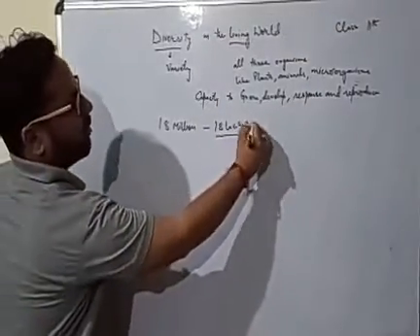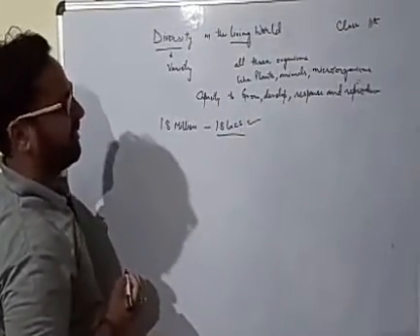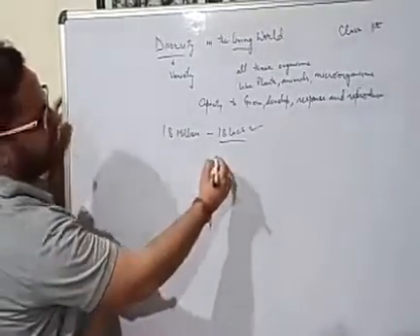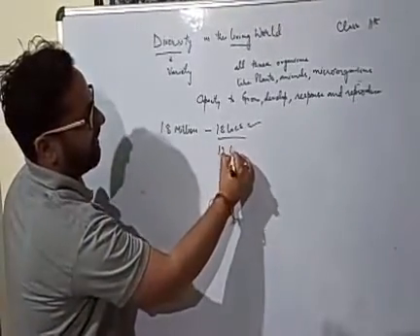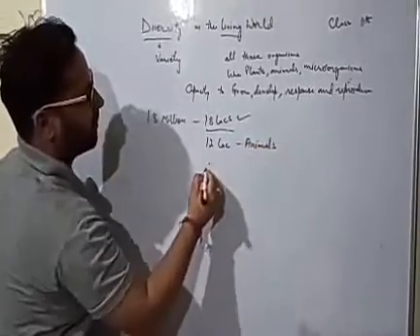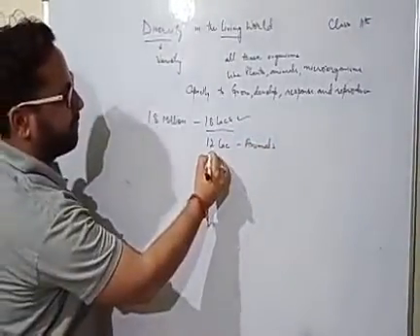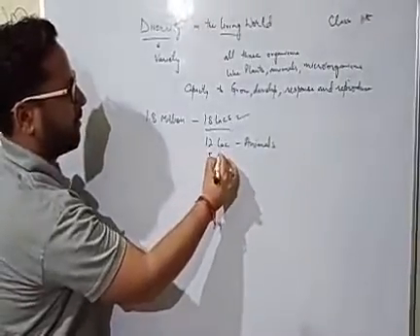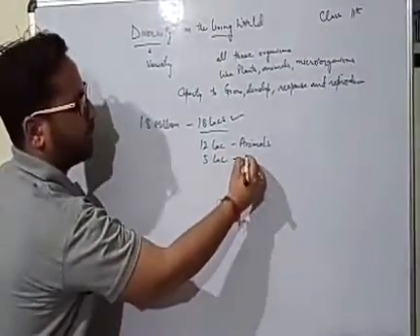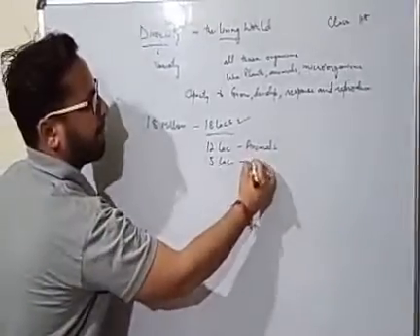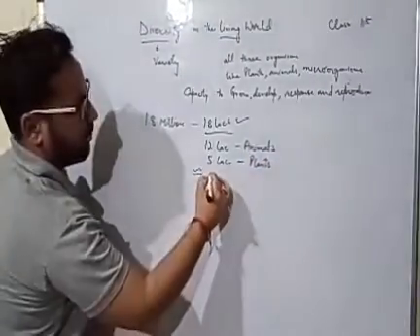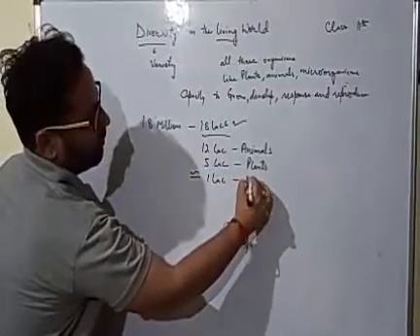Out of these 1.8 million, 18 lakh species of living organisms on earth, approximately 12 lakh belong to animals, approximately 5 lakh species belong to plants, and around about 1 lakh belong to microbes.